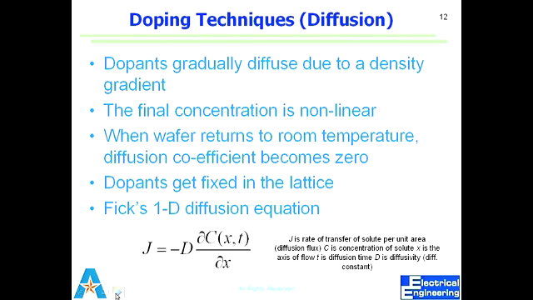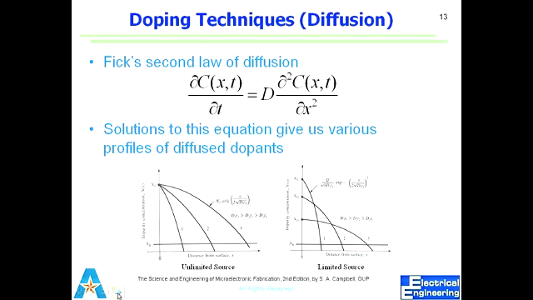So it's the rate of the solute per unit area with respect to the concentration of the solute in X. D is constant. We take D as constant at a given temperature. So if I have unlimited supply of dopants, with respect to time I end up with a profile something like this.